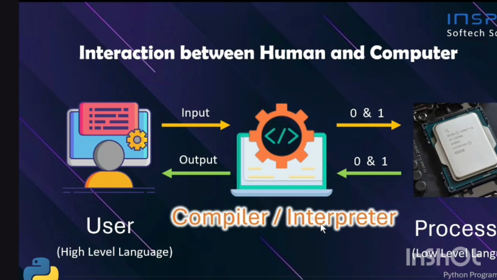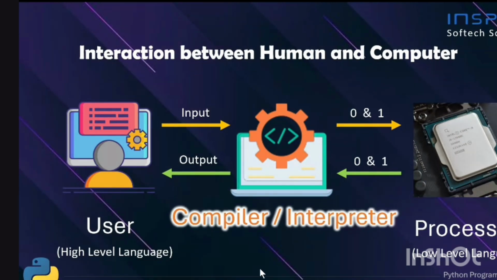So we have some interaction between human and computer. If you want to really understand how the compiler and interpreter work, the human is the user who wants to feed some data to the machine. The machine will not understand human language directly, so it compiles it and converts it into machine level language. Then they want to process it, interpret it and send it to the output for users.